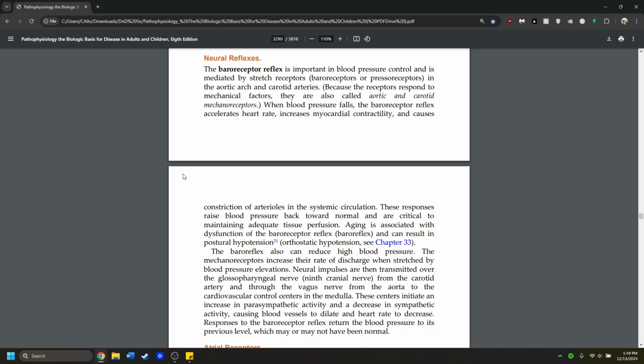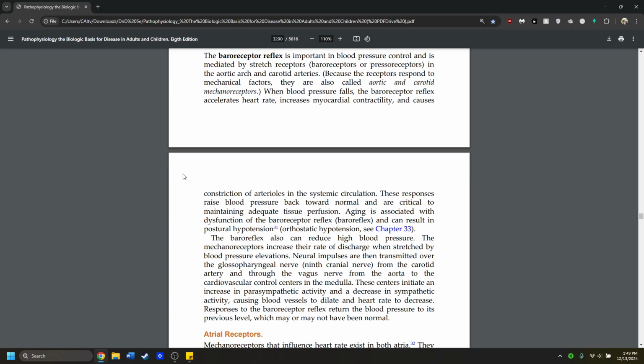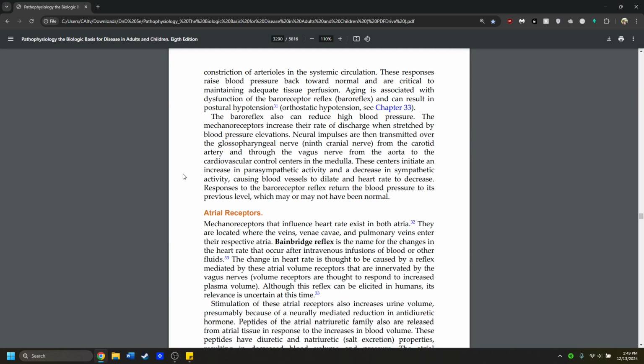When blood pressure falls, the baroreceptor reflex accelerates heart rate, increases myocardial contractility, and causes contraction of arterioles in the systemic circulation. These responses raise blood pressure back toward normal and are critical to maintaining adequate tissue perfusion. Aging is associated with a dysfunction of the baroreceptor reflex and can result in postural hypotension, also known as orthostatic hypotension.